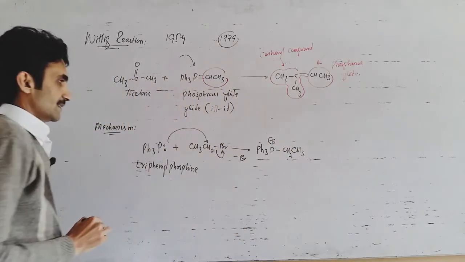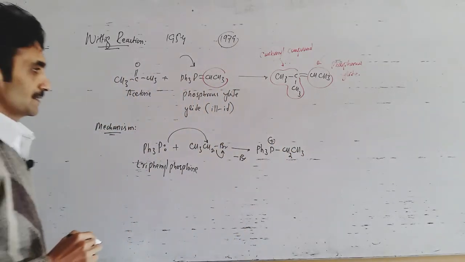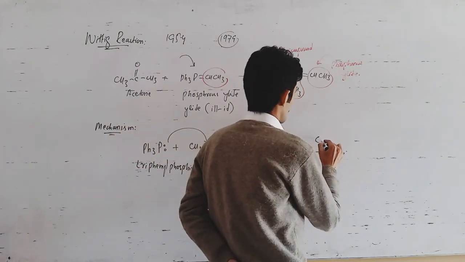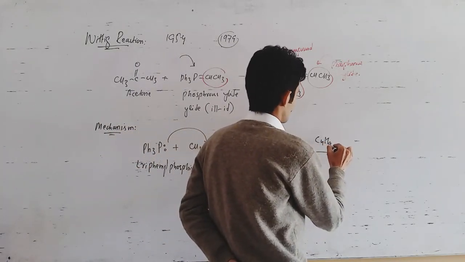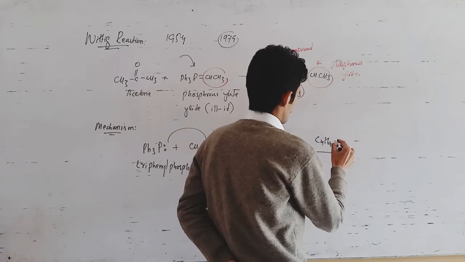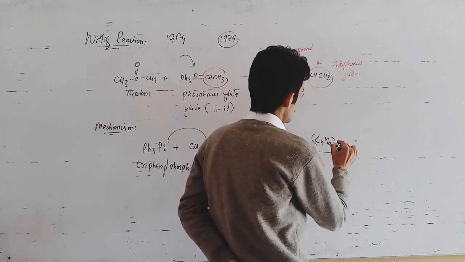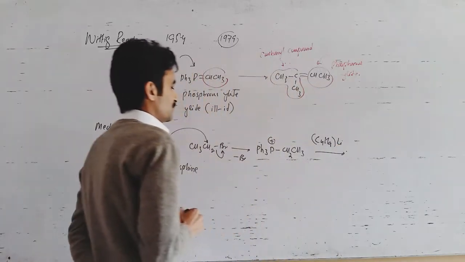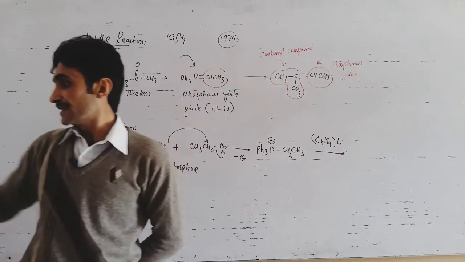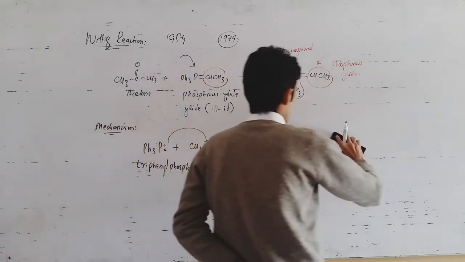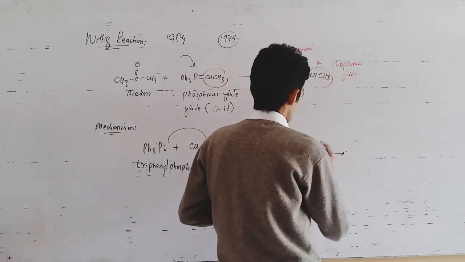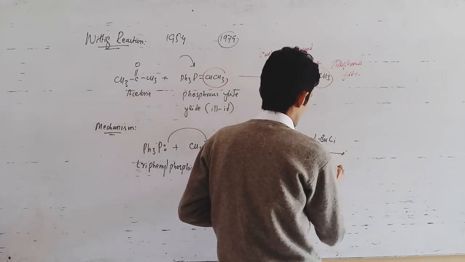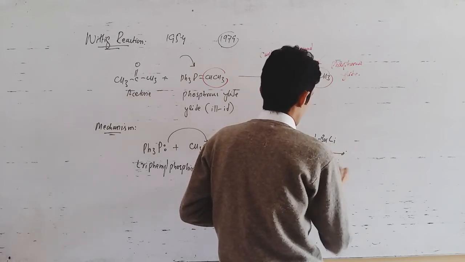Next, this species is made to react with a base, tertiary butyl lithium, or we can simply write it as C4H9Li.